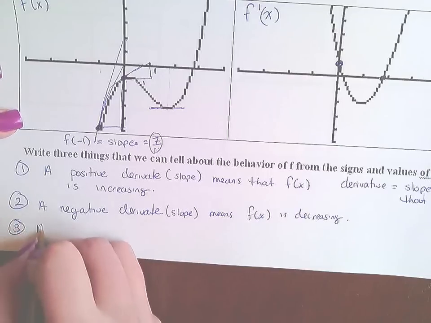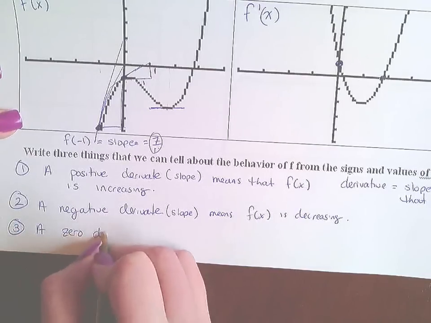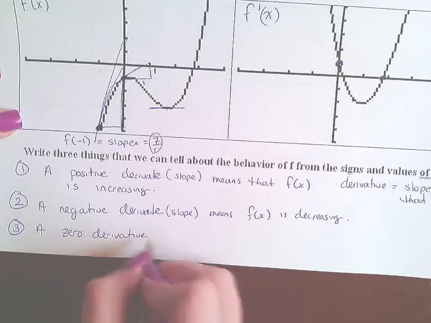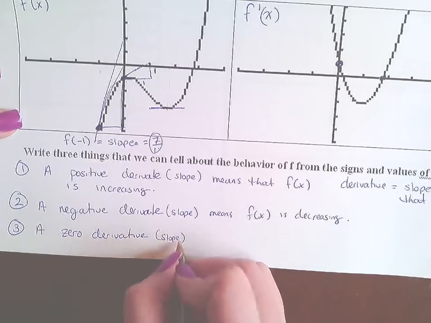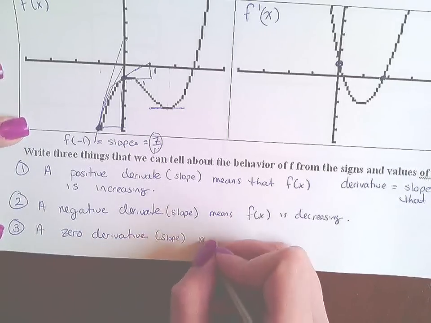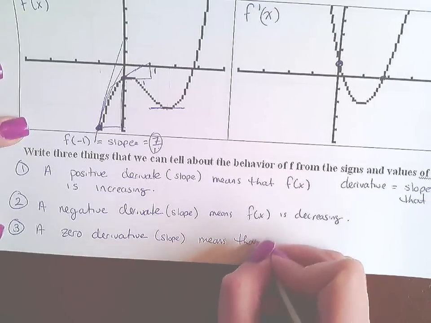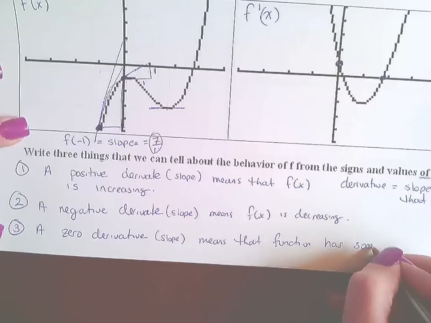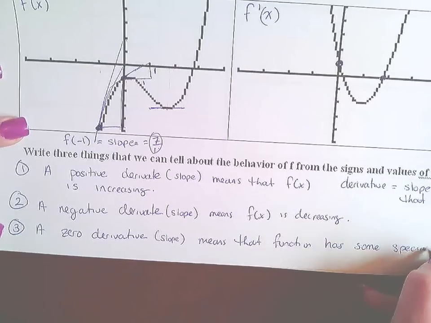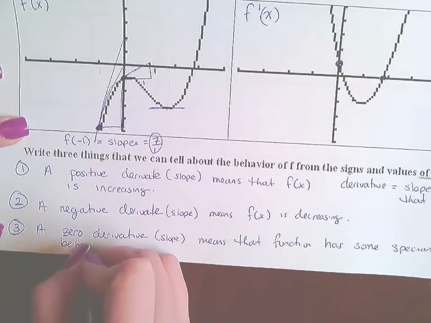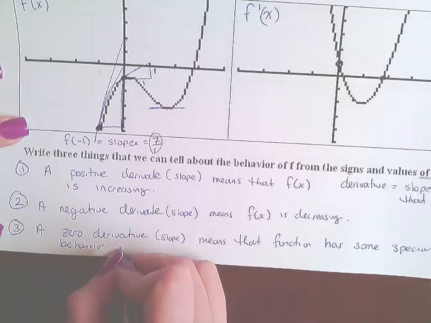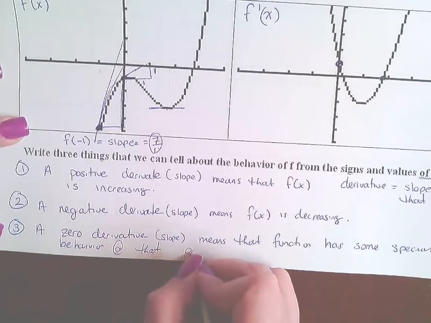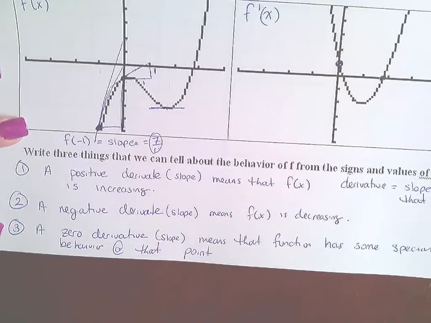And then three, a 0 derivative means that the function has some special behavior at that point. It may be a local max, local min, or a 0.